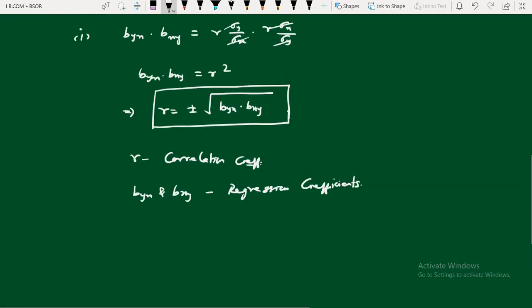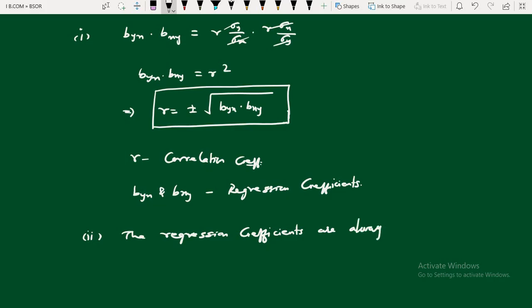And the second one is that the regression coefficients are always both positive or both negative.